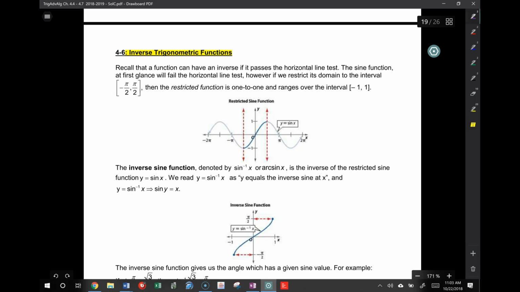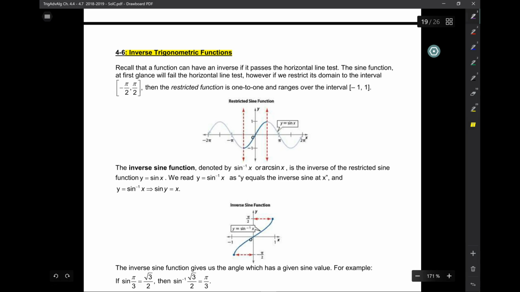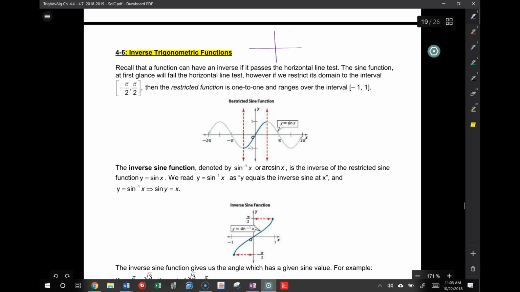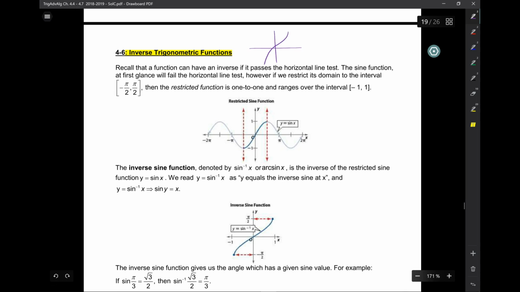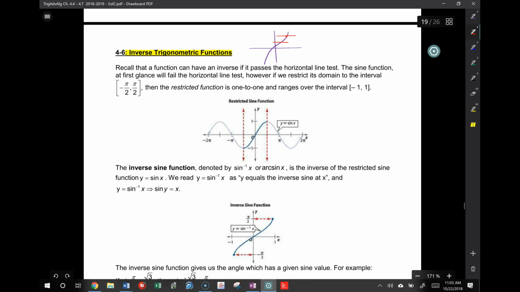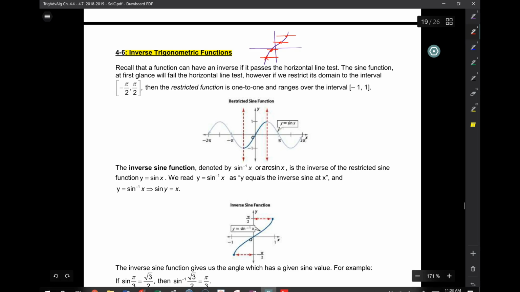Back in algebra, whether it's algebra 1, intermediate, or algebra 2, we said that if you have a function, in order to see if its inverse is also a function, it has to pass the horizontal line test. Okay, what is that? If I draw a series of horizontal lines, each line is only allowed to cross the graph once.